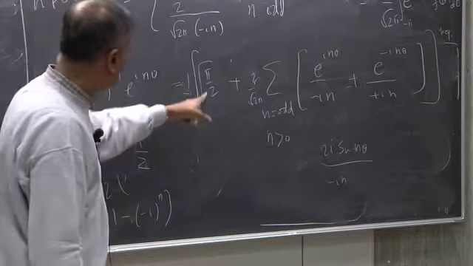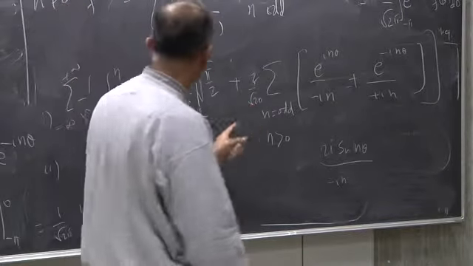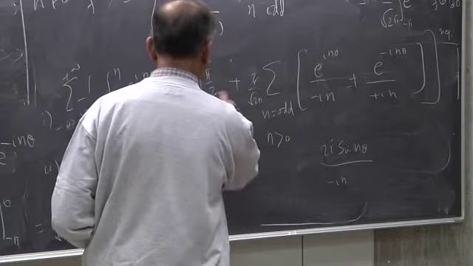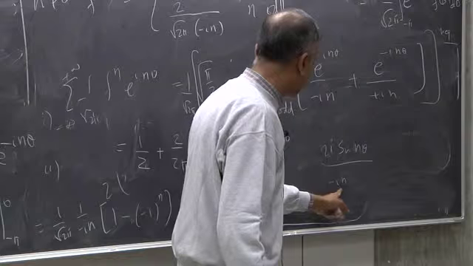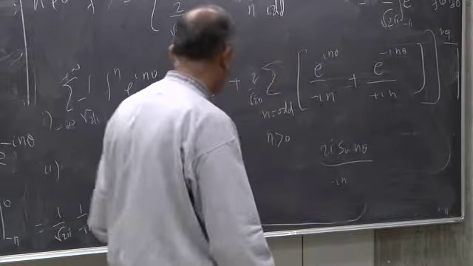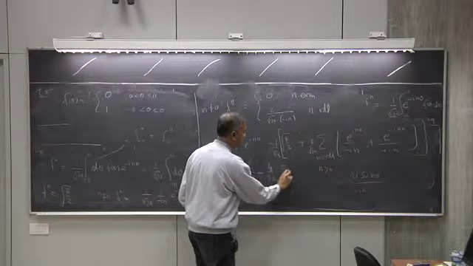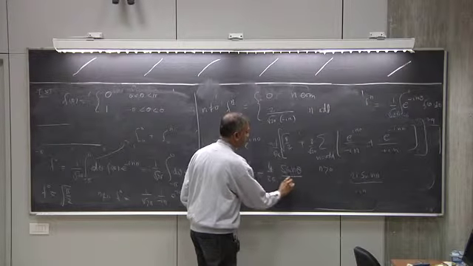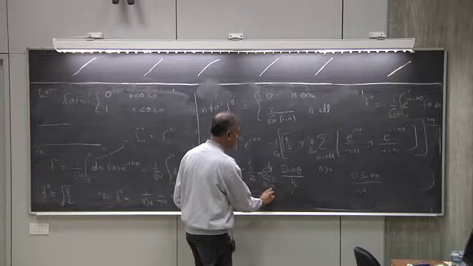I mean, root pi cancels, root 2 makes it 2. And then here you get plus 2 over 2 pi. And then here I cancels. There's another factor of 2 and the minus sign. So minus 4 sine n theta divided by n, summed over n positive and odd.